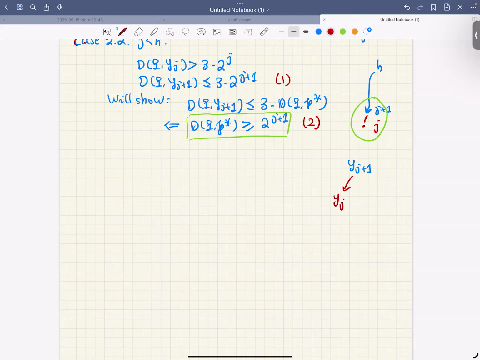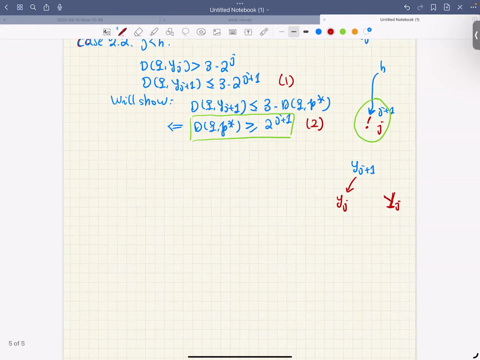Now I look at this big Y_j. This small y_j is in big Y_j. Y_j is the net. What is the r value? 2 to the power of j. Good. So by the covering property, I know that some guy will have to cover y_{j+1}. Y_{j+1} is the good guy there.